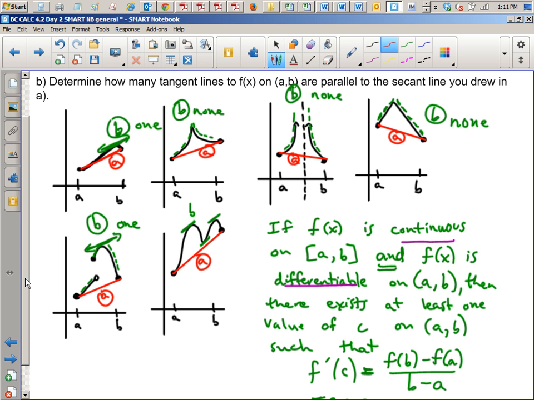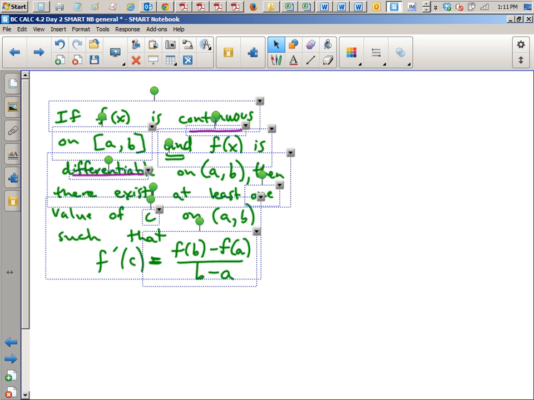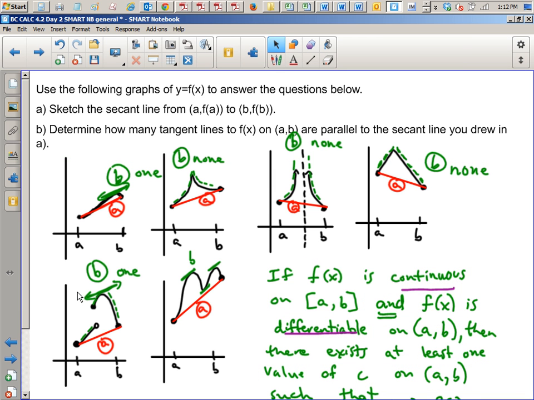The theorem is super important, so let me at least copy and paste it to the next page. How does that bottom left one fit into the theorem? Okay, let's go back and look at that one. So you're saying in this diagram here, why is it that we're saying that this has a tangent line that's parallel to the red? I'm just saying because the equation says continuous and differentiable.